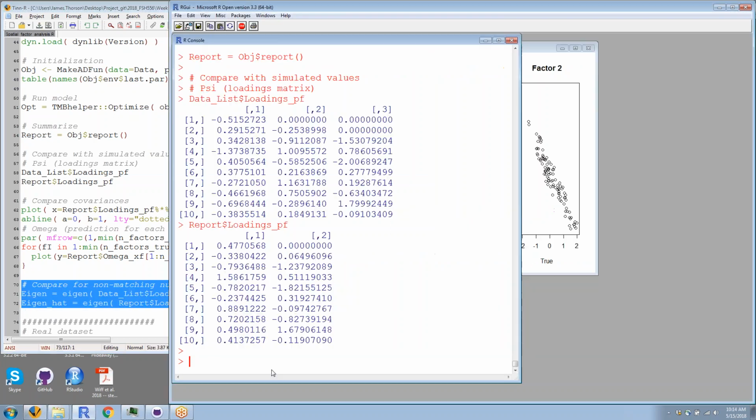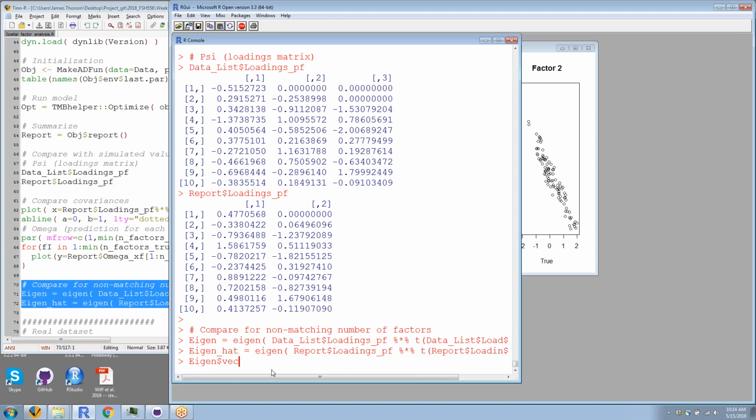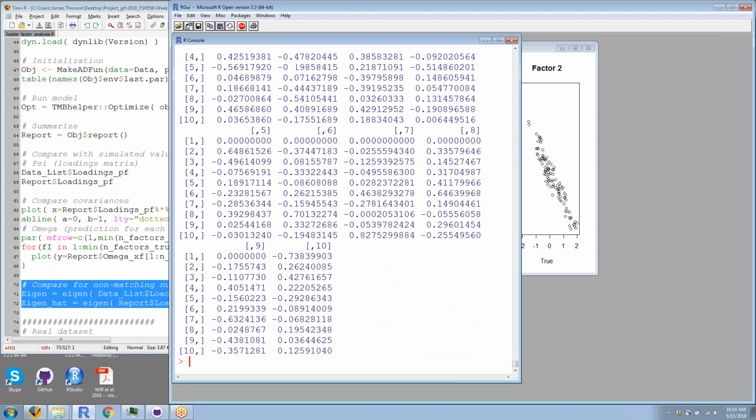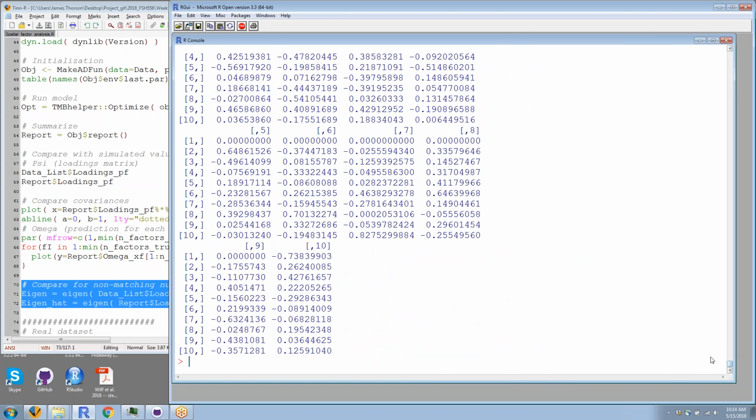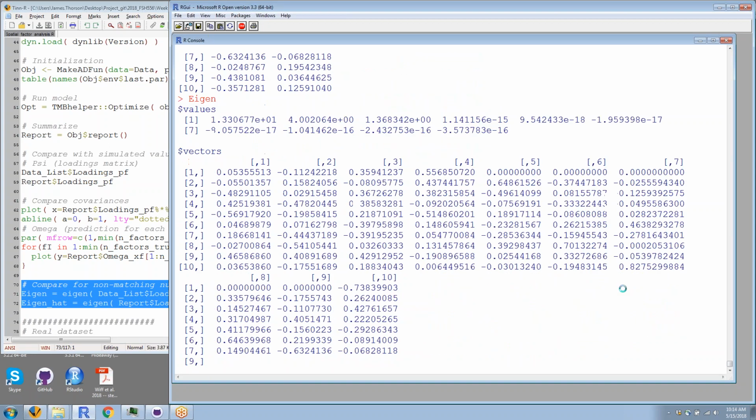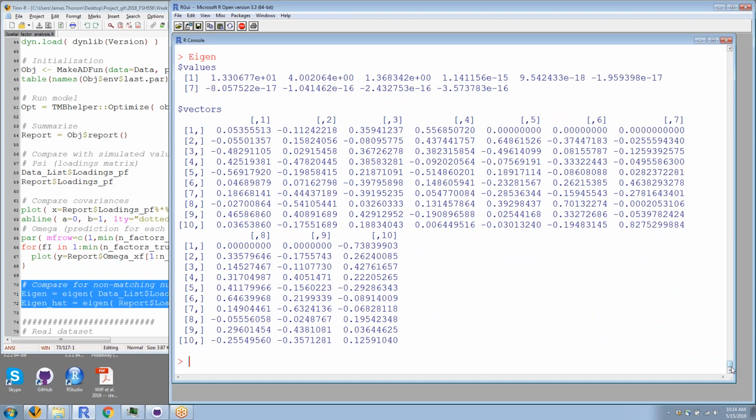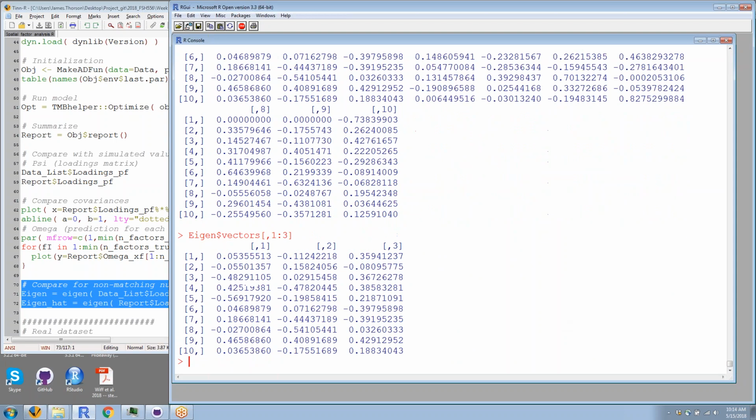For the true, only the first three eigenvalues are non-zero, and all the other ones are essentially zero. So we can just look at eigenvectors 1 through 3, and those are the eigenvectors that matter.